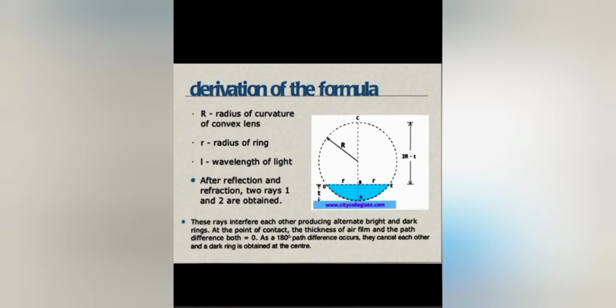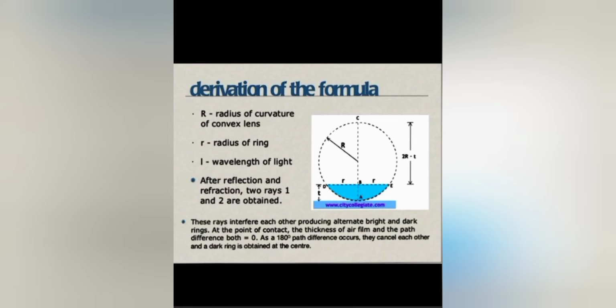Now let's see what these alphabets mean. R means radius of curvature of the convex lens, small r is the radius of the ring, and lambda is the wavelength of light. After reflection and refraction, two rays 1 and 2 are obtained. These rays interfere with each other, producing alternate bright and dark rings.